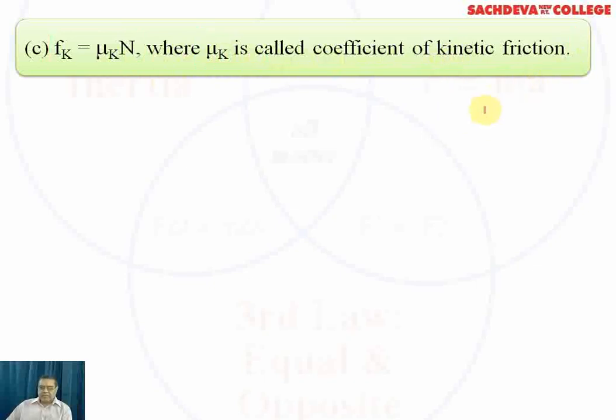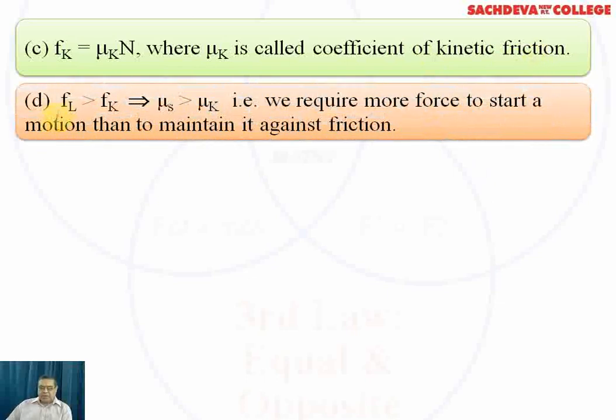Otherwise we can say that mu k can be written as Fk over N. Again the units will cancel off and mu k will have no units; it will become dimensionless. Now FL means force of limiting friction, Fk means force of kinetic friction, mu S means the coefficient of static friction, mu k means the coefficient of kinetic friction.